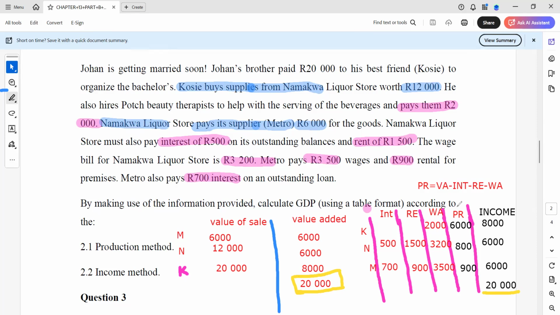And then we also calculated the profit. Because to calculate profit, you say the value added minus interest, minus rent, minus wages, and you get your profit. And then after calculating our profit, we added all our remuneration for the factors of production. Then we got our GDP using the income method, right?